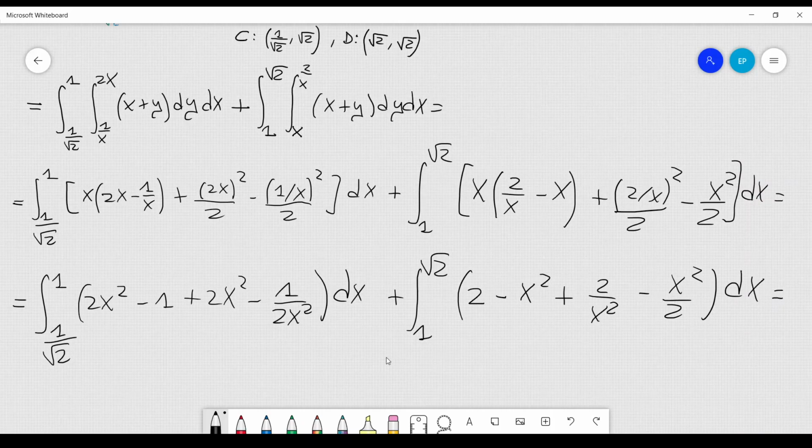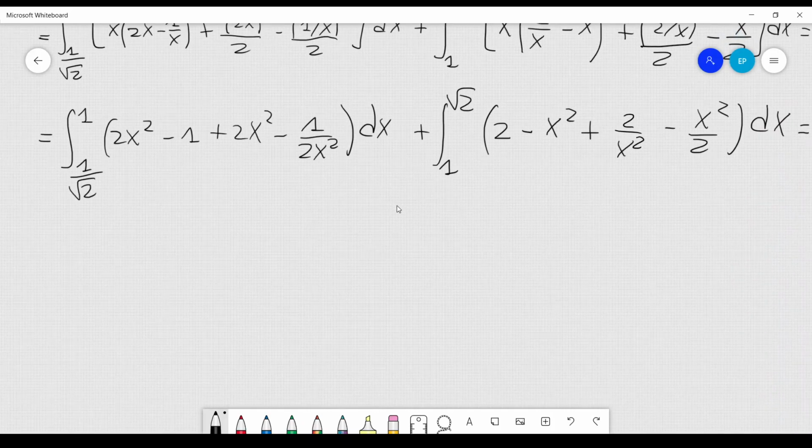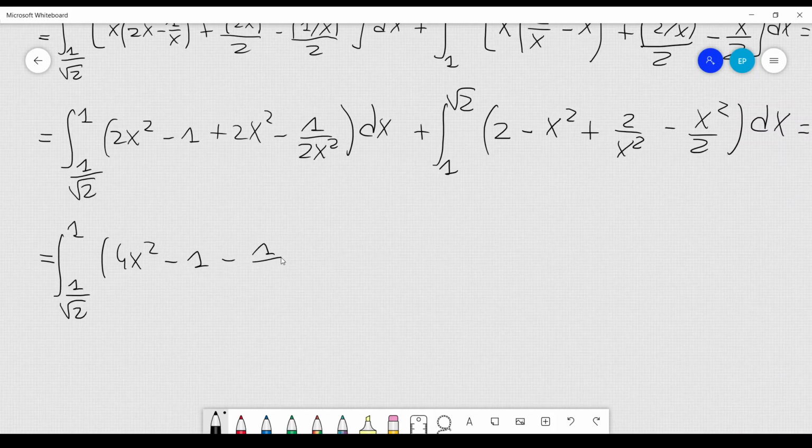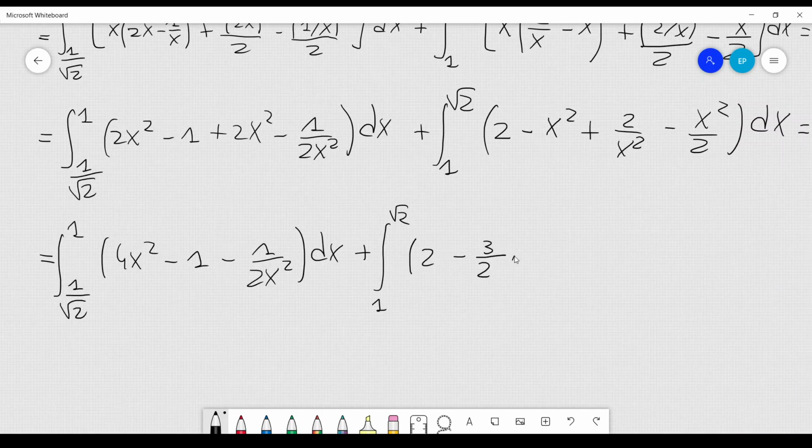And now it's quite simple. So this is equal to the integral from 1 over square root of 2 to 1 of 4x squared minus 1 over 2x squared dx plus the integral from 1 to square root of 2 of 2 minus 3 halves x squared plus 2 over x squared dx.